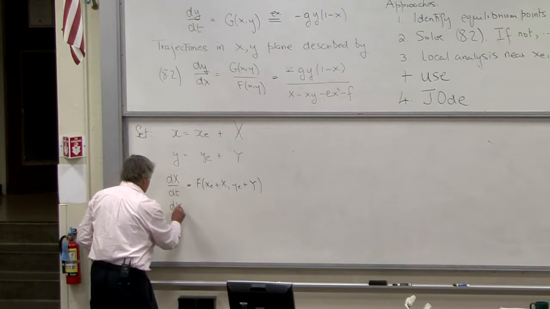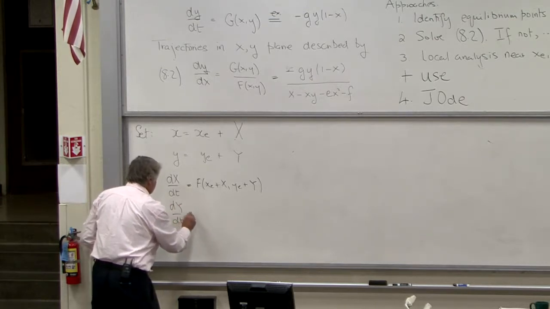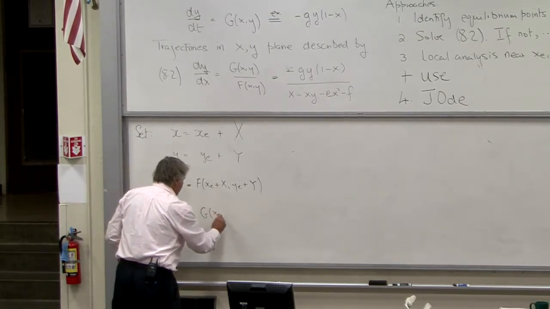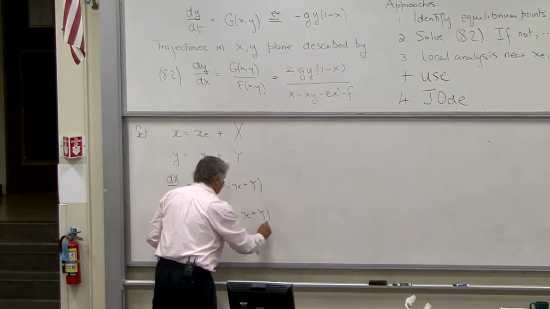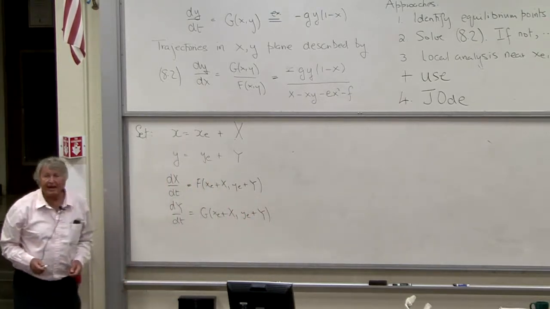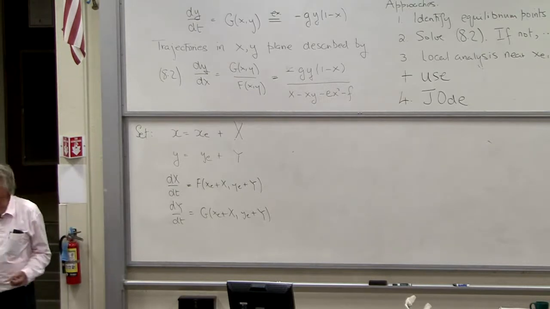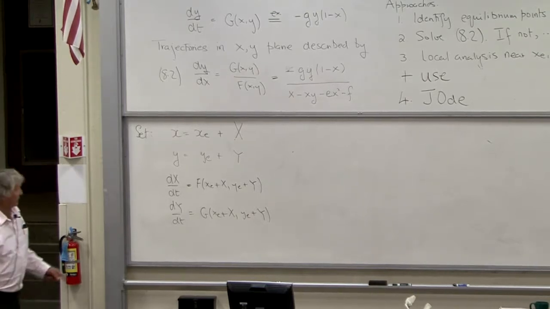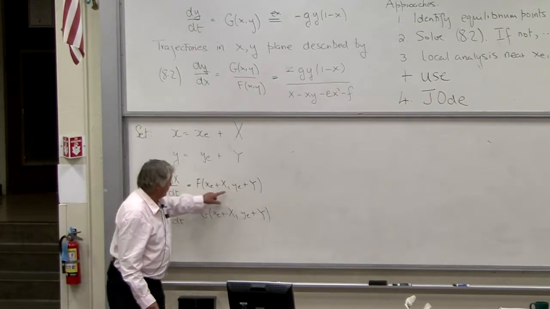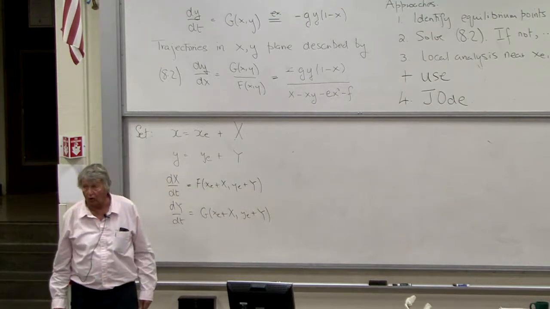dY by dt is g of xe plus X, ye plus capital Y. And up to now, we have the same equations as we had before. But now we're going to make an approximation. We're going to think of the big X and big Y as small.